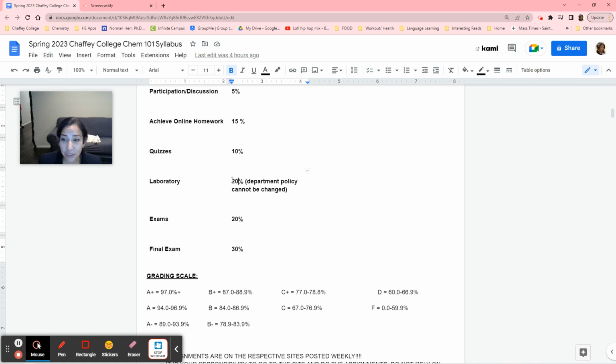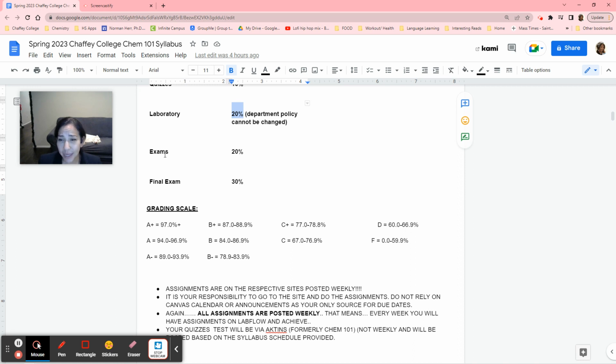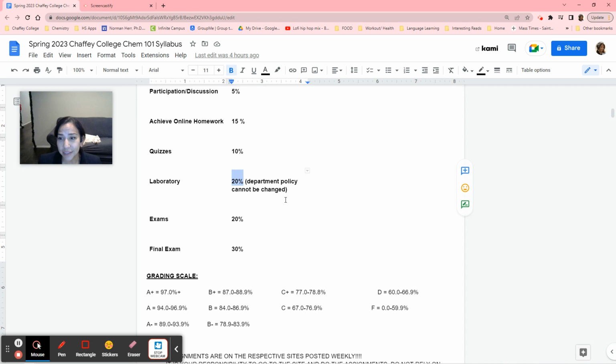We have labs, 20%. Department policy, not going to be changed. Exams and final exam. So you'll notice that assessments are a huge part here. If we add up the total, we get 60% of your overall grade is going to be based on assessments.